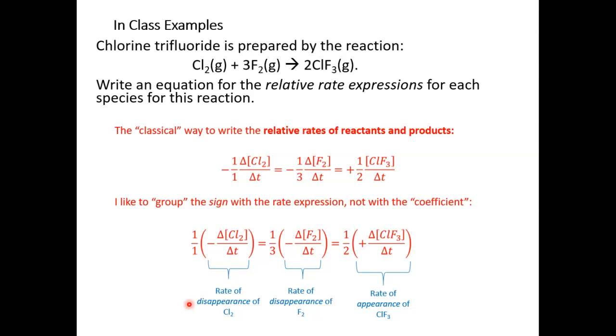because then I can really see how these rates are relative to each other. For whatever reason, putting those parentheses there helps me understand, okay, this is the rate. This is the rate. But relative to this rate, it's 3 times as fast, or it's half as fast.